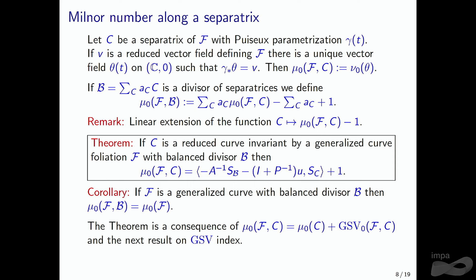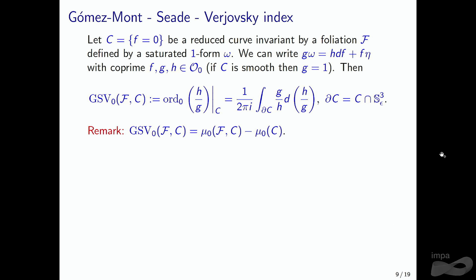This theorem is a consequence of the well-known formula that the Milnor number along a curve is equal to the Milnor number of the curve itself plus the GSV index, that we recall in the next slide.